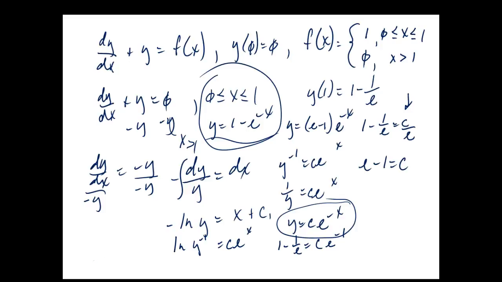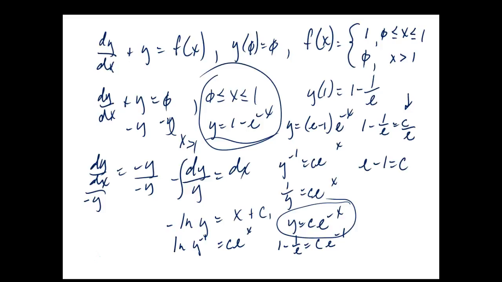We're doing example 6 on page 59. It was a differential equation with the function being a piecewise defined function. And we had a boundary value problem with it, which helped the first part.